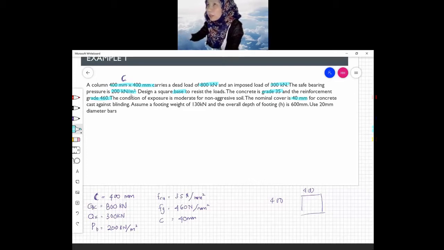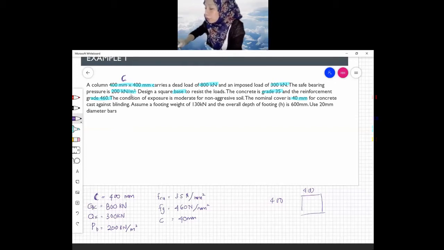If it were directly against the earth, it becomes 75 mm if I'm not mistaken, so the cover is different. So make sure you understand that part, what the concrete cover for foundation actually is, because it's not the same as slab and beam.